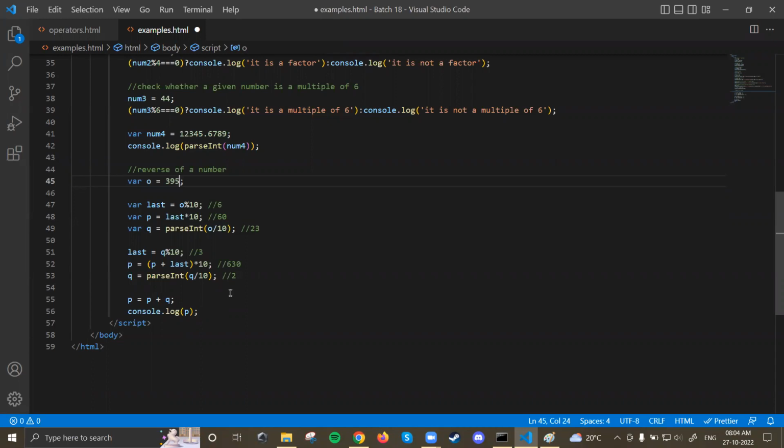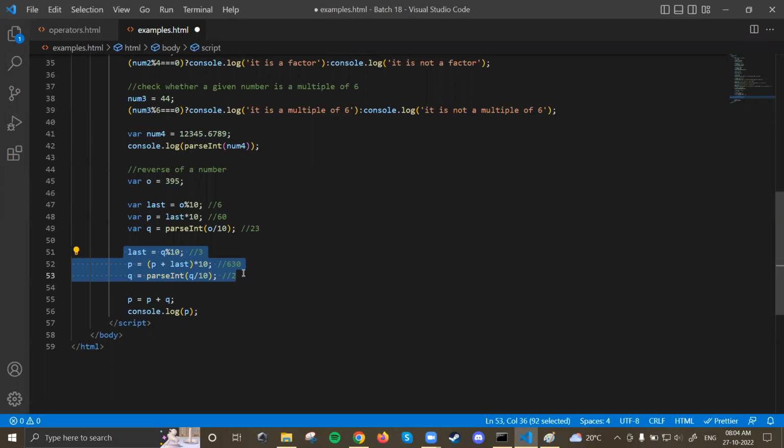So we can't keep on writing the same steps again and again. It will be too tedious. If it is a 20 digit number, how will you find the reverse? It will be so difficult. So for that, we have something called loops. These are known as for loops, while loops.